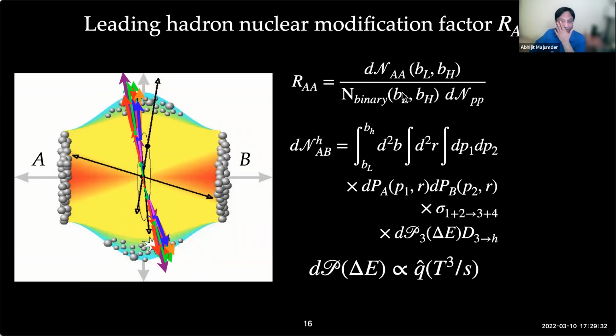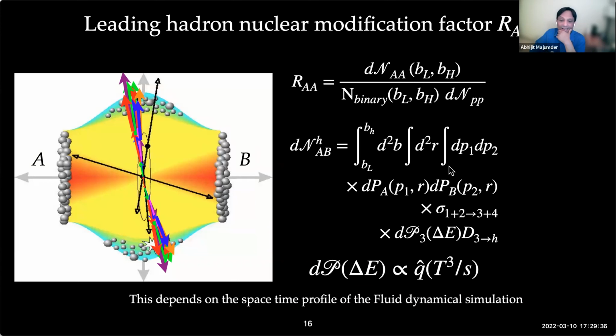Since this is a ratio, you plot it out as a function of PT. I forgot to tell you that Q hat, of course, depends upon where you are in the medium, where the interaction happens, and the interaction happens continuously. So it'll depend on things like temperature cubed or entropy density. You'll see an example of that in just one slide.